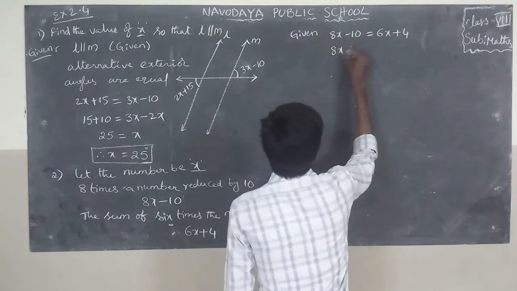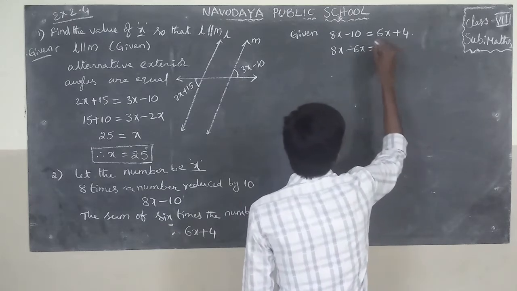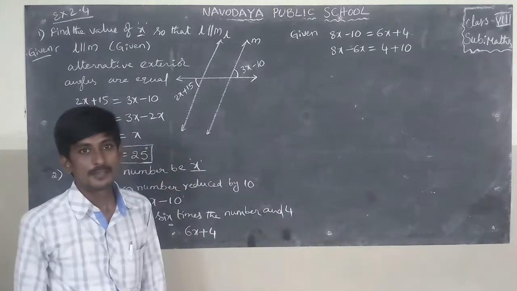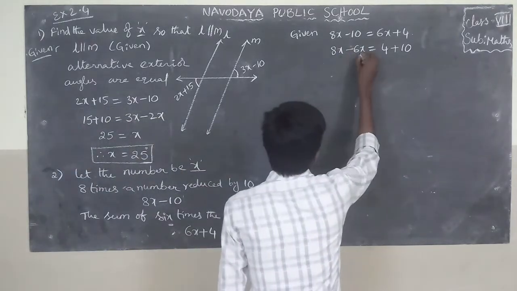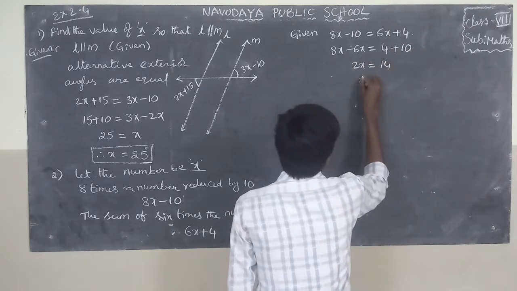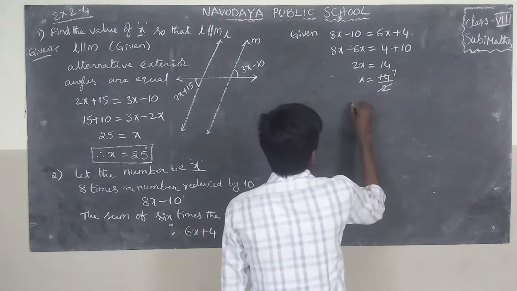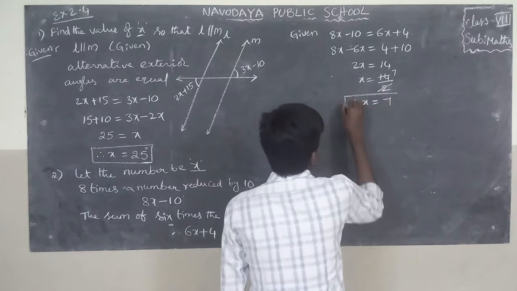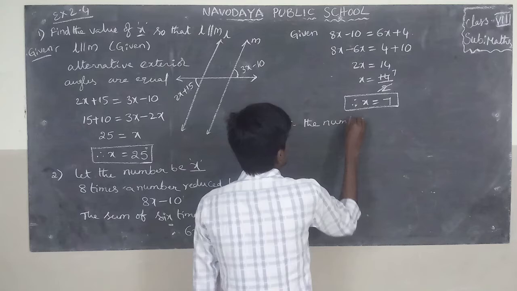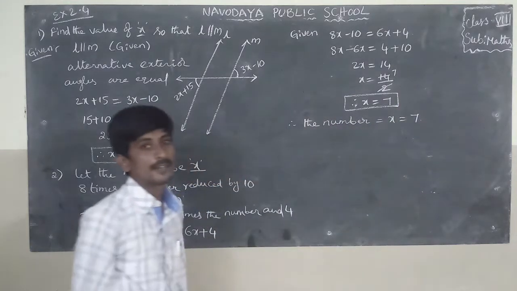So 8x, and 6x transposes to this side as minus 6x, is equal to 4, and minus 10 transposes to this side as plus 10. 8x minus 6x, 2x, equals 4 plus 10, 14. x equals 14 by 2, which is 7. Therefore, the number is x equals 7.